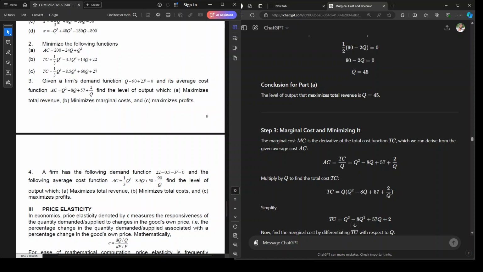So when you multiply this by Q to find the total cost, because total cost equals to AC, average cost, times quantity. So when you multiply inside, Q increases and here Q reduces.